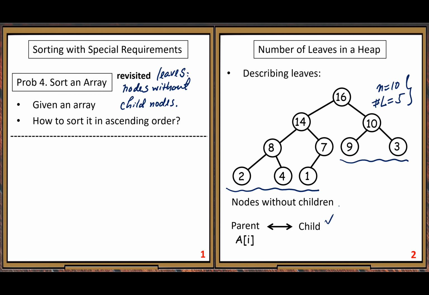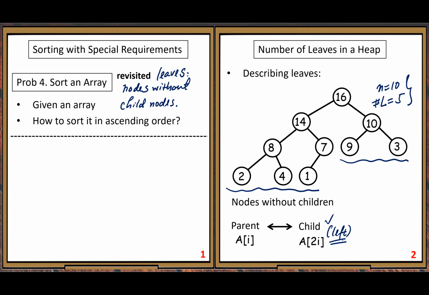If the position of the parent is I, A of I is our parent node. Then for the child node, we use A of 2I, the left child node. Why not the right child node?